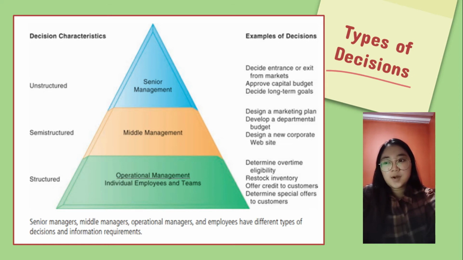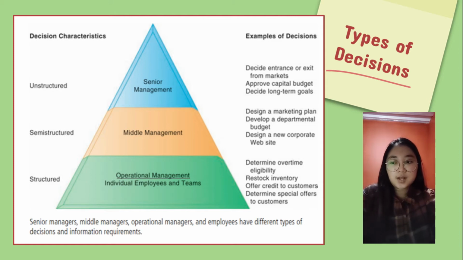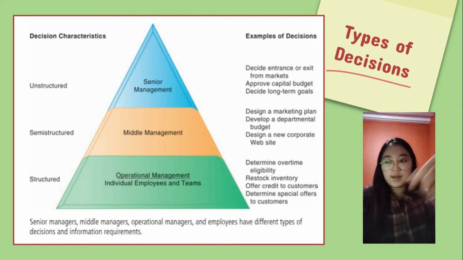They design a marketing plan, develop a departmental budget, and decide how the design of a new corporate website. As the last one, operational management, or also the individual employees and teams. This is the structure decision characteristic, and they determine overtime eligibility, restock inventory, offer credit to customer, and lastly, determine special offers to the customer.